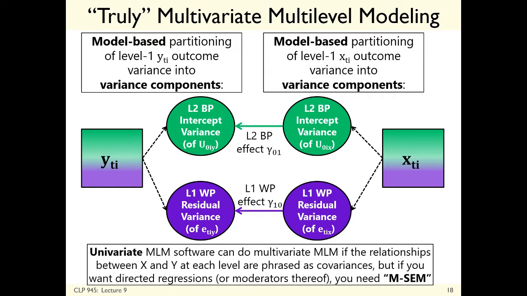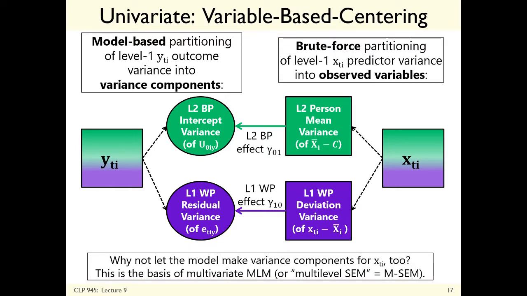Now, as you can tell from my presentation, here's the difference in how I talk about it. This is univariate, meaning we have one variable, y, whose variance is partitioned by the model, and we are doing the partitioning of the predictors ourselves using observed variables.